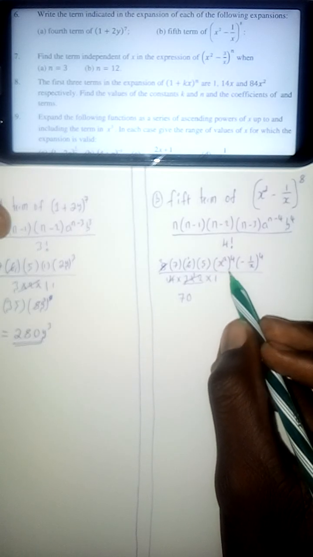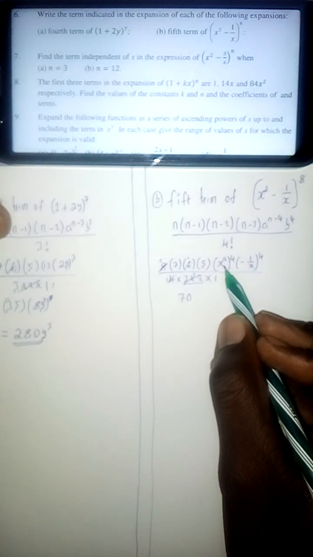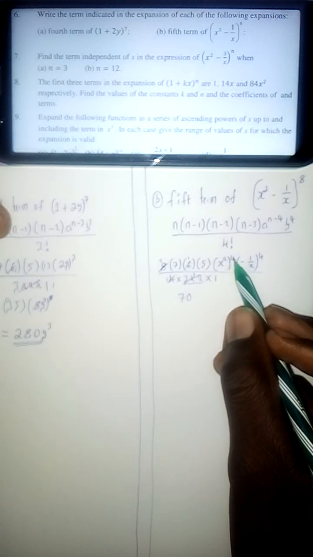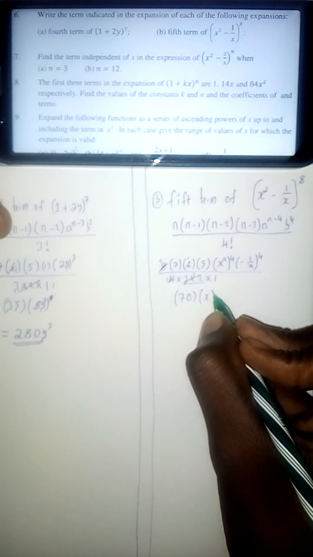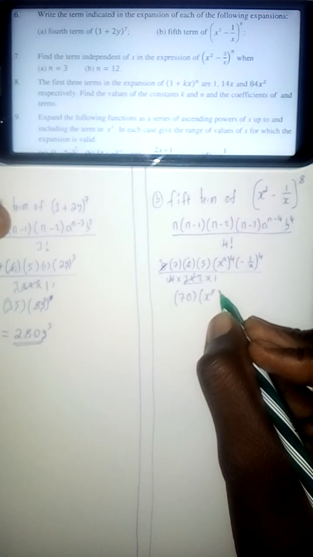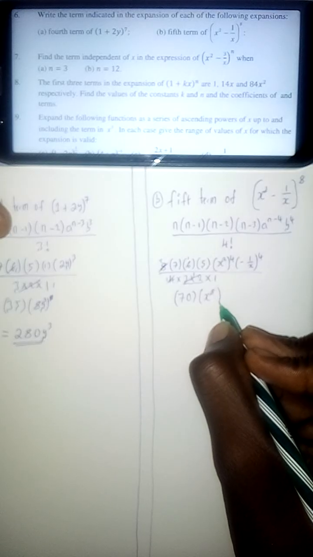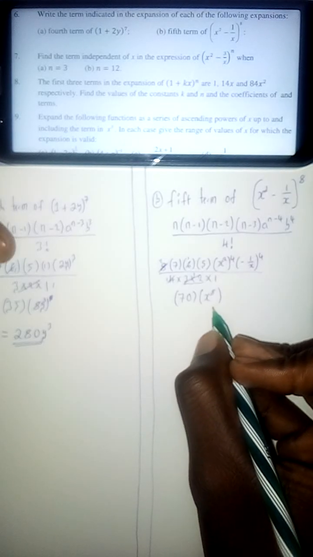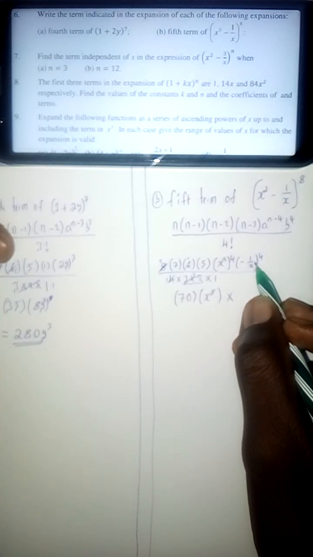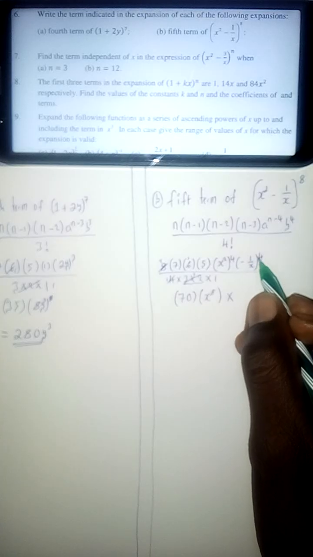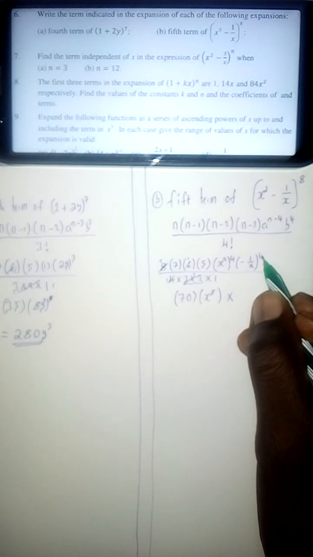What about this part? x squared raised to the power 4 gives x raised to the power 8. Are we going to get a positive or a negative answer? We are going to get a positive answer, as you can see the power is even.